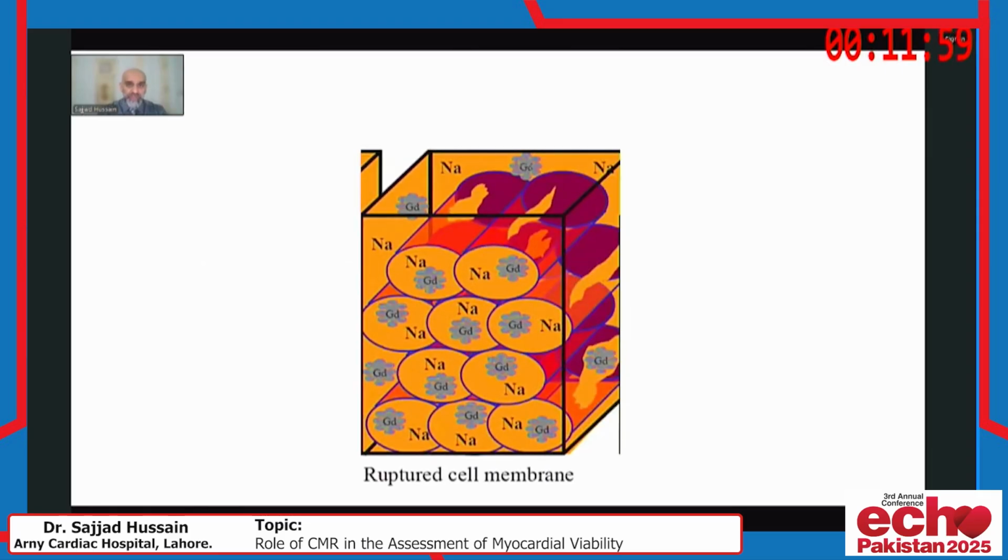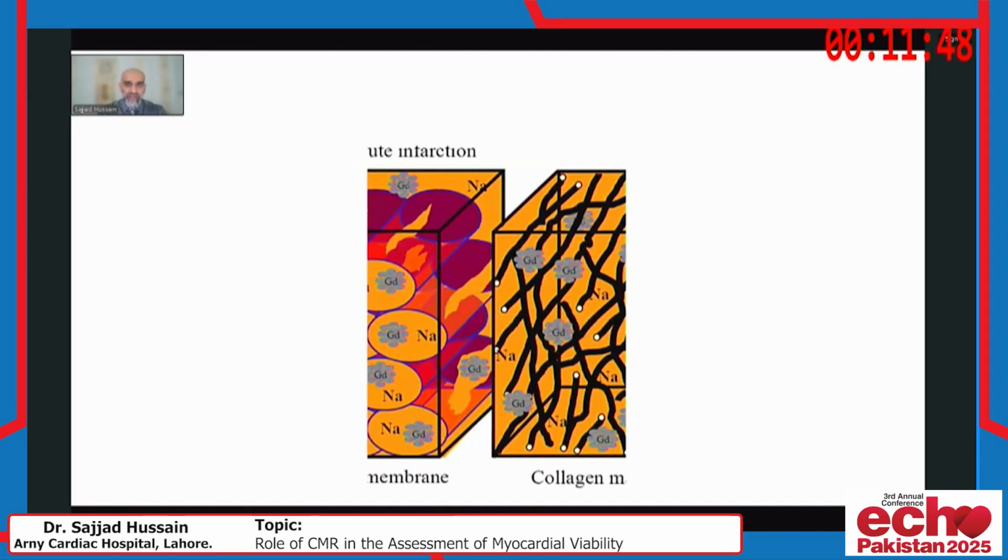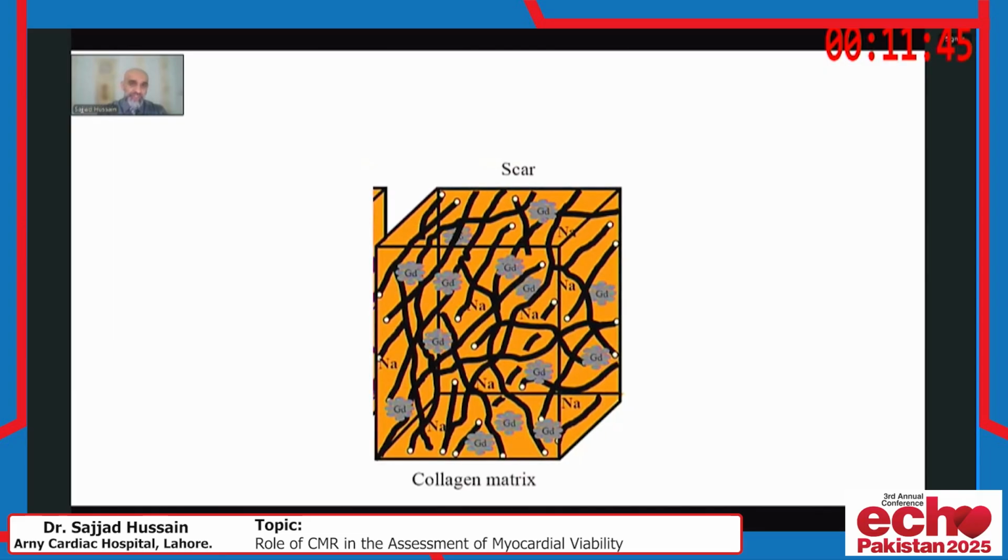If the cell membranes are ruptured, it gains access to the cell and the gadolinium molecules would rest inside the cells and they would show up on a scan. And if there is a scar tissue, that also indicates that there is a disruption of the cell barrier and there's an expansion of the extracellular space, and the gadolinium would rest there. And once we image, that would lead to enhanced myocardium being visualized.